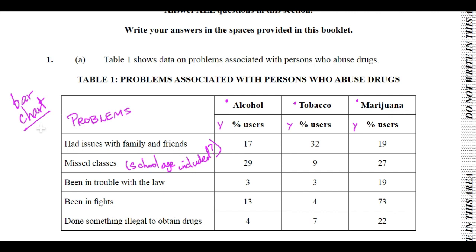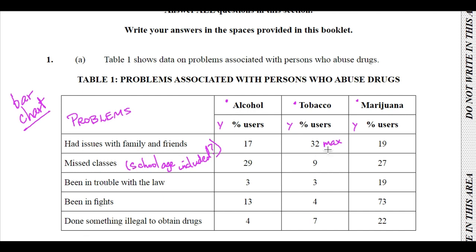So let's take a look at the percentages here. We're going to take it by problem, and compare across the types of drugs. So we have issues with family and friends. We can see this one is the max.